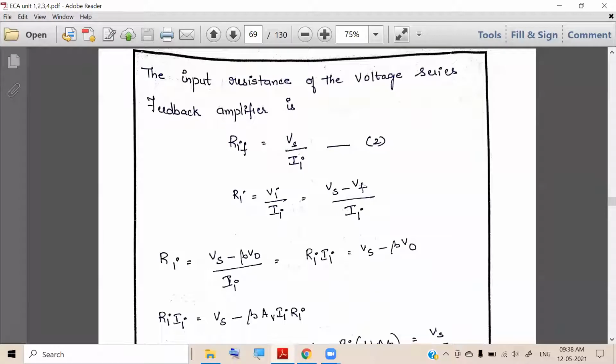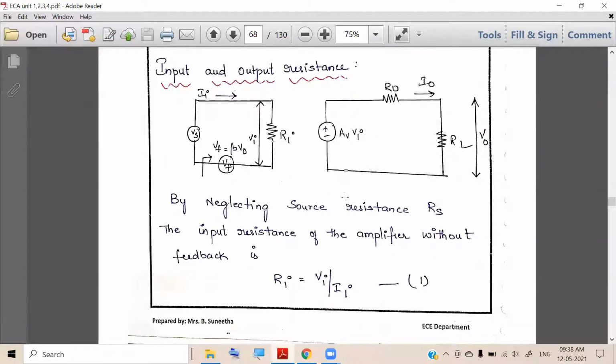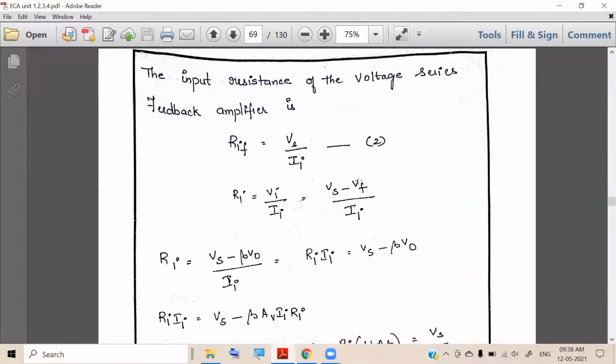Next, Vf, the feedback voltage, is nothing but beta into V naught. So Ri as it is, Vs as it is, and in place of Vf we write beta V naught, Ii as it is. Next, let us multiply this Ii to the LHS. So Ri into Ii, the remaining Vs minus beta V naught as it is.